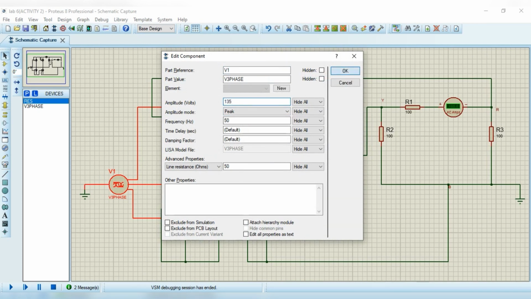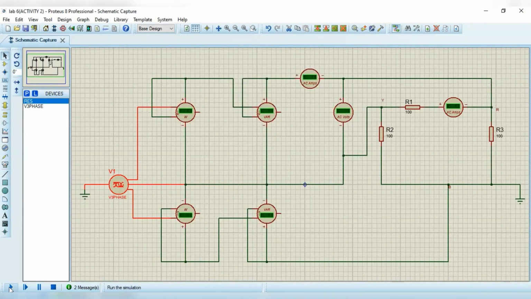Okay, then we run. After we run, we get the voltage. The AC voltage is 65.7 volt, and the current is 0.66 amp, and for this current we get 1.04 amp.